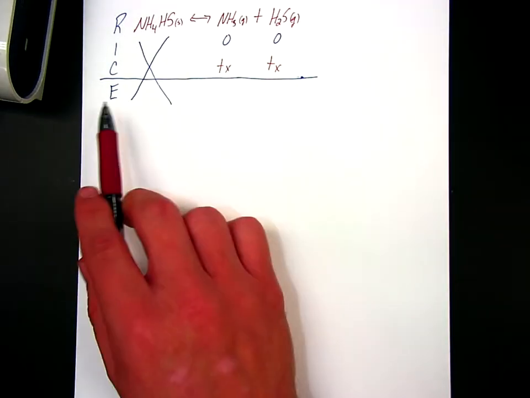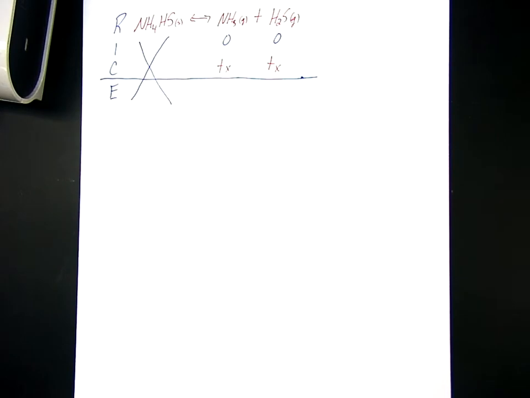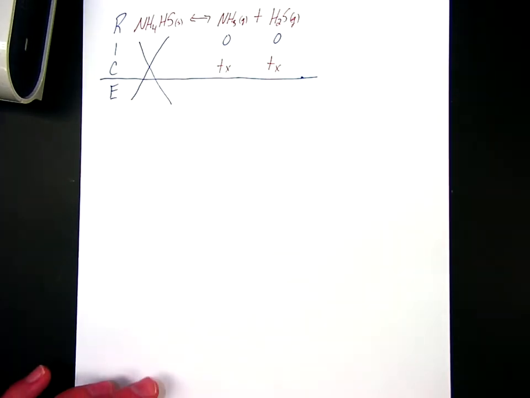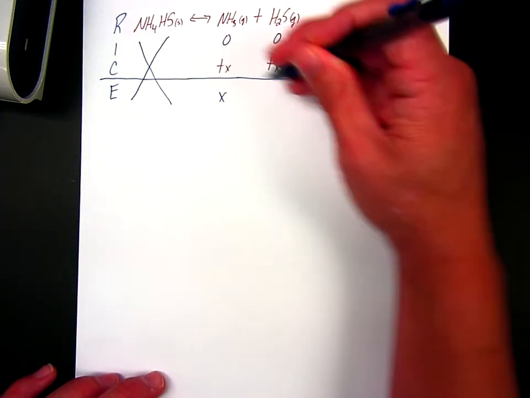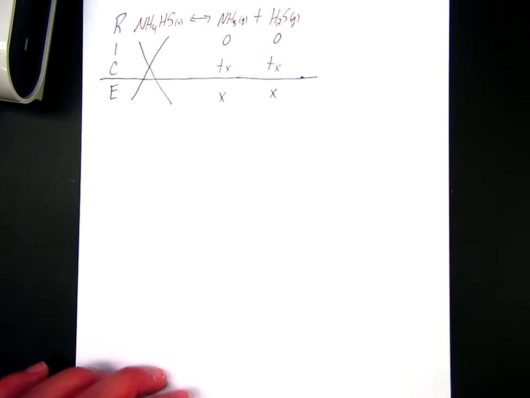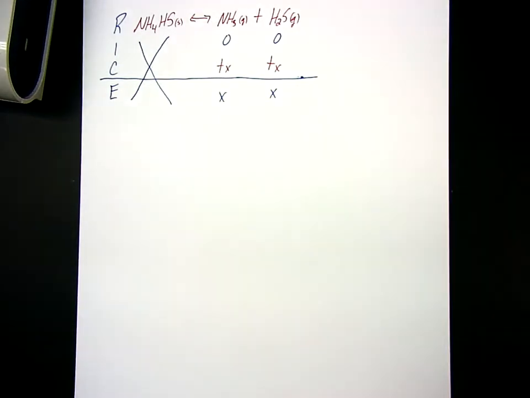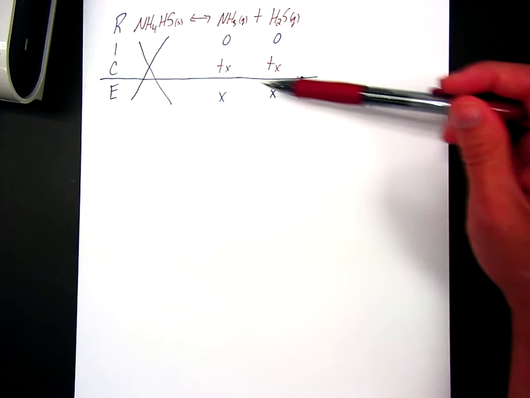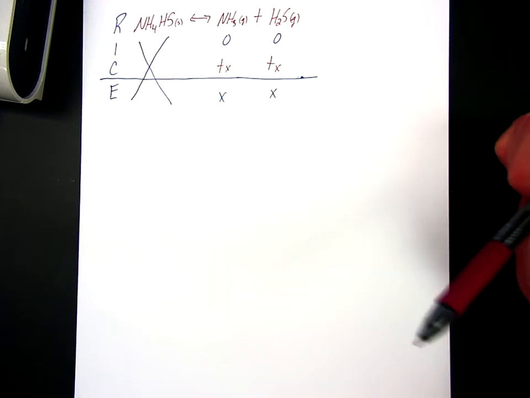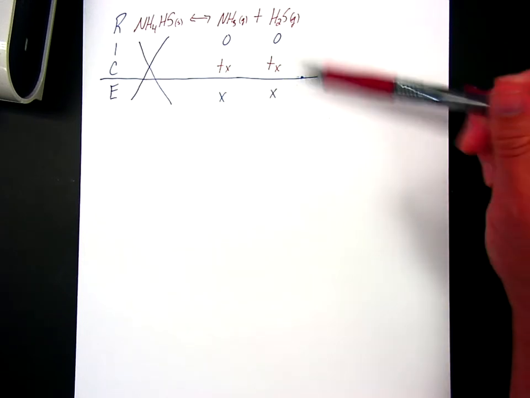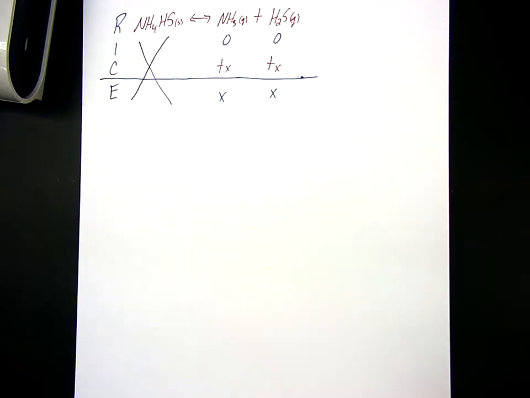Therefore, both of them, remember for E it's I plus C, so both of them will be 0 plus X, which is ultimately just X. The question wants to know the equilibrium concentration of these dudes. In other words, it wants to know the X value, so they're going to have the same equilibrium concentration since their change is the exact same. So we can begin to plug and chug.